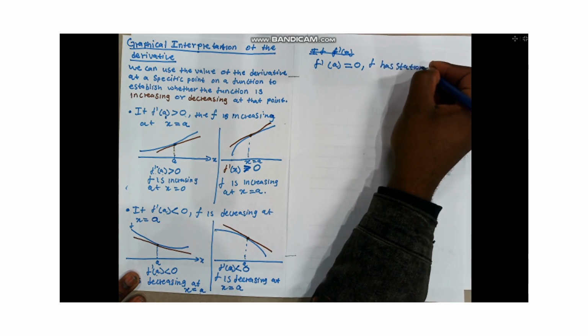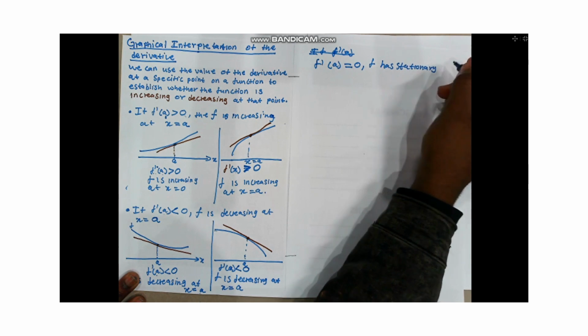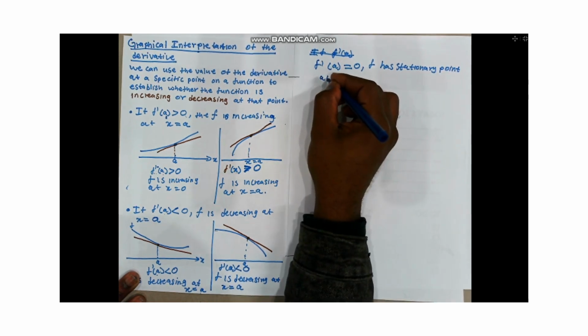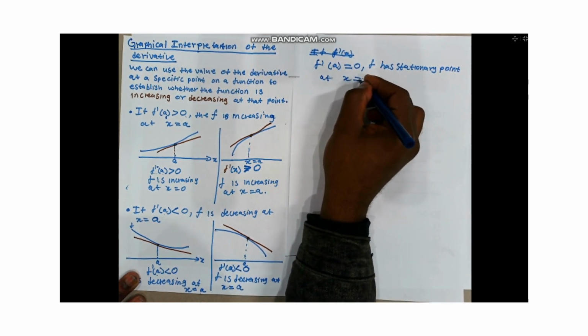Something that is stationary is standing still. A stationary point is a point where it's just standing, at x is equal to a.